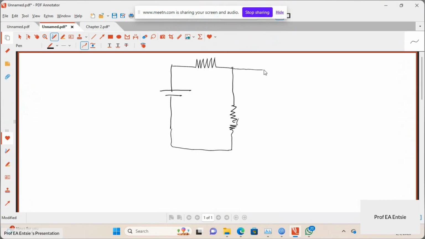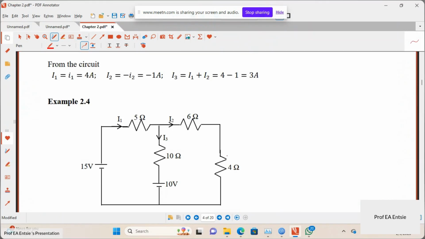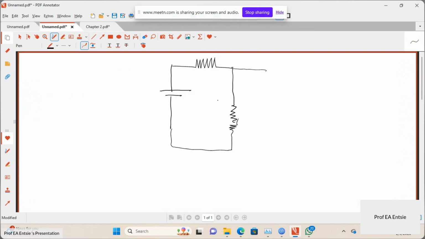Then let's see, 6 ohms, 4 ohms. There's 10 volts here. So 6 ohms, 4 ohms.